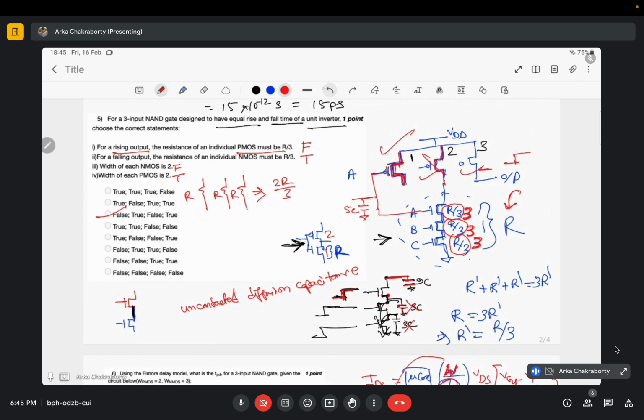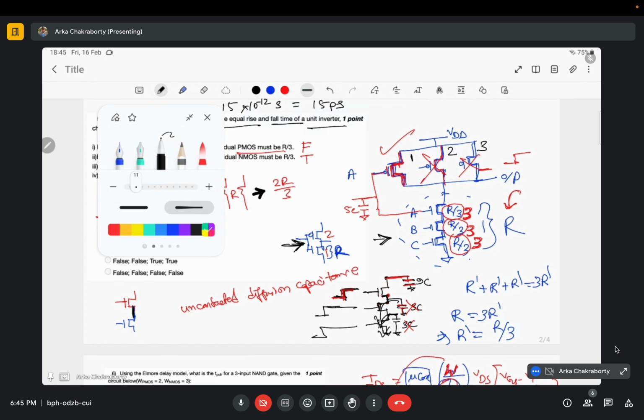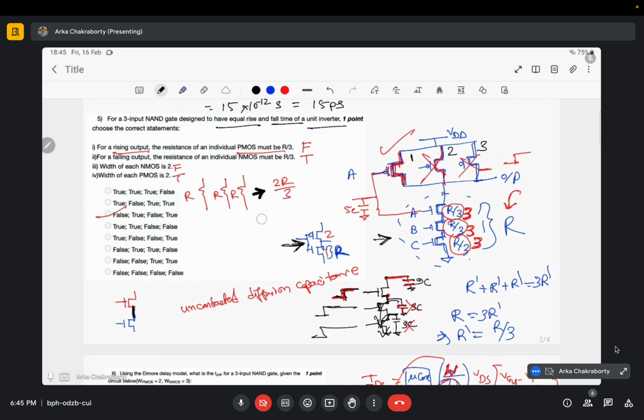But in the worst case, only one of these transistors will be on and the other 2 transistors would be off. In this case, my net resistance would be R, not 2R by 3.